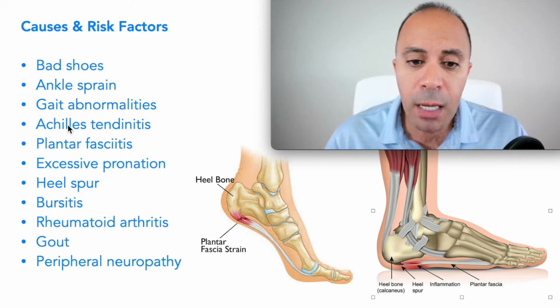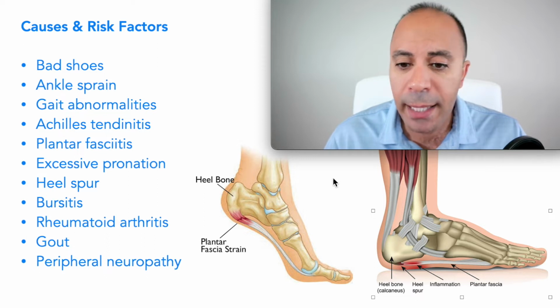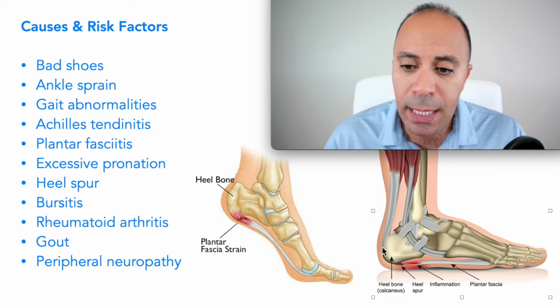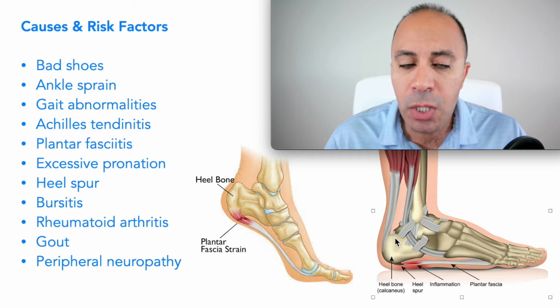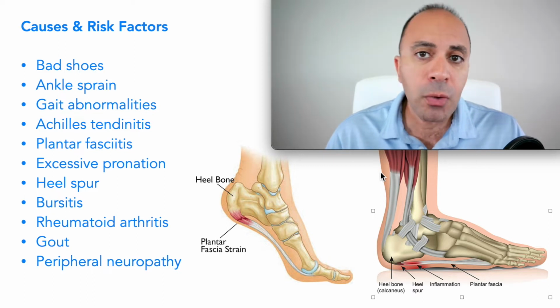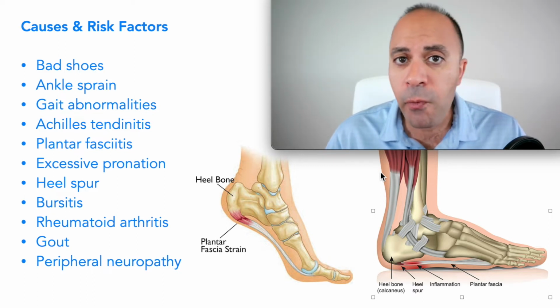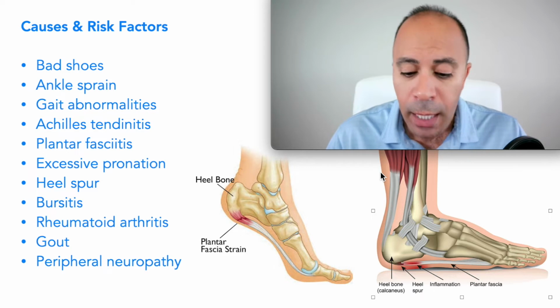The other risk factor or cause could be Achilles tendonitis. You have the Achilles tendon here, and it's attached to the calcaneus bone. This is a common issue with athletes or people who have a tight calf, which could be a result of walking in high heels.